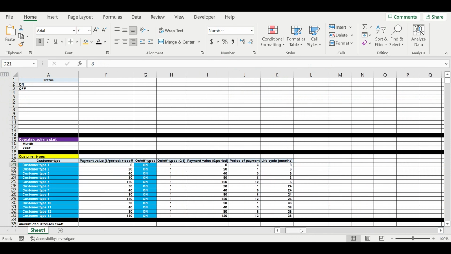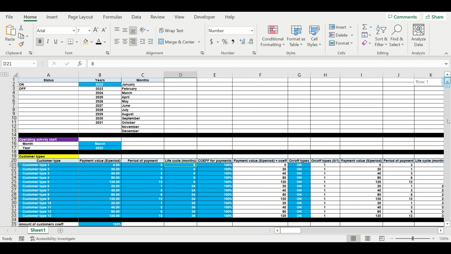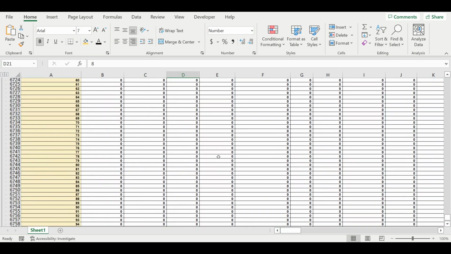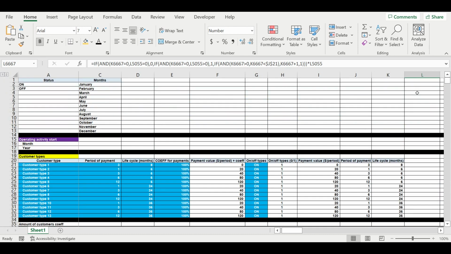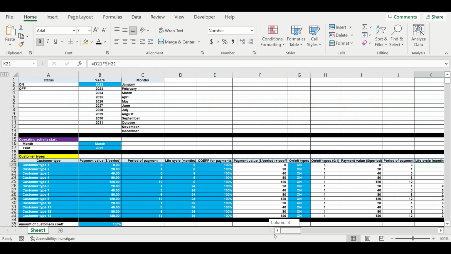So we can go here. What is magical about this story? We have the life cycle for customer type number 1, which is 8 months, and he pays us once in 3 months.